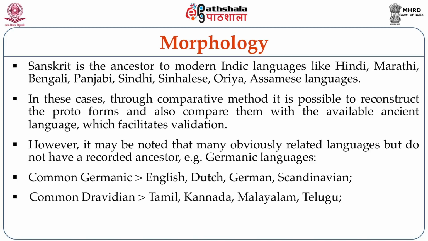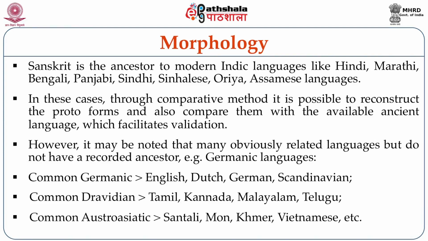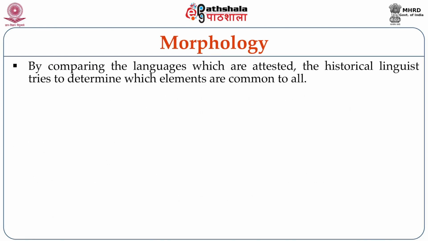And similarly, for languages like Tamil, Kannada, Malayalam, Telugu and many others, the common Proto-Dravidian is not available. And similarly, common forms of Austroasiatic languages like Santali, Mon, Khmer, Vietnamese is not extant either.